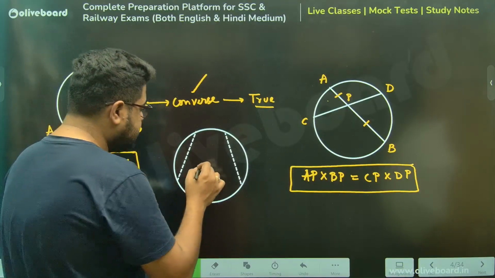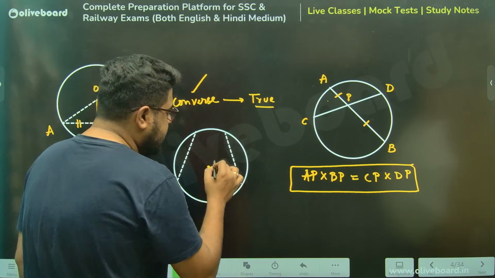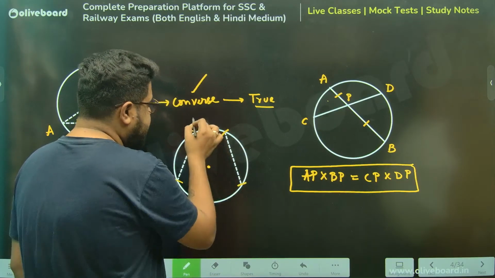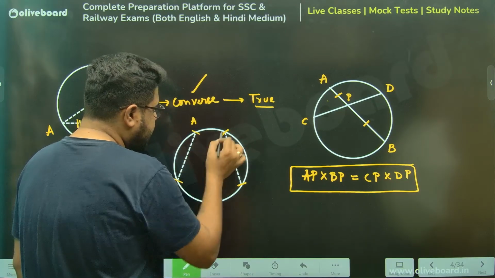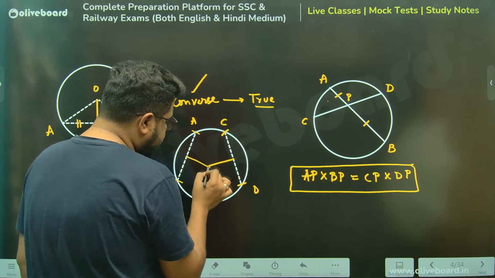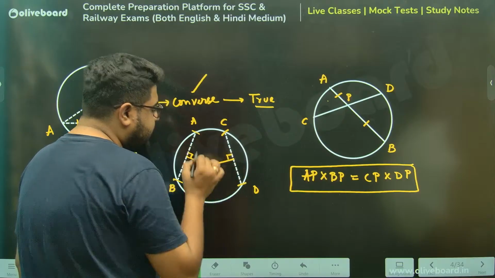But what you do, sir, if you drop it here, if they are equal, let's say this is AB and this is CD, if they are equal, then they have to be equidistant from the center.